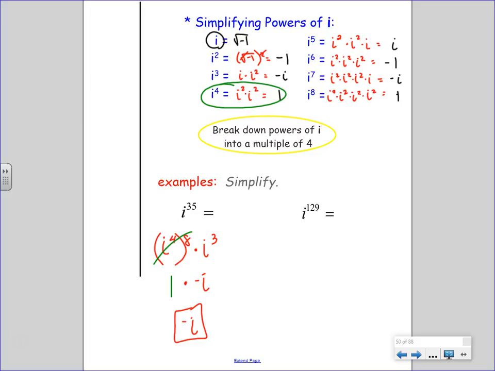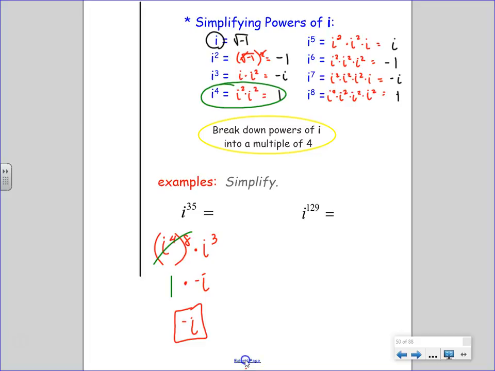So you guys, I want you to do i to the 129. Go. Where would he fall in the multiples of 4? How many 4s?